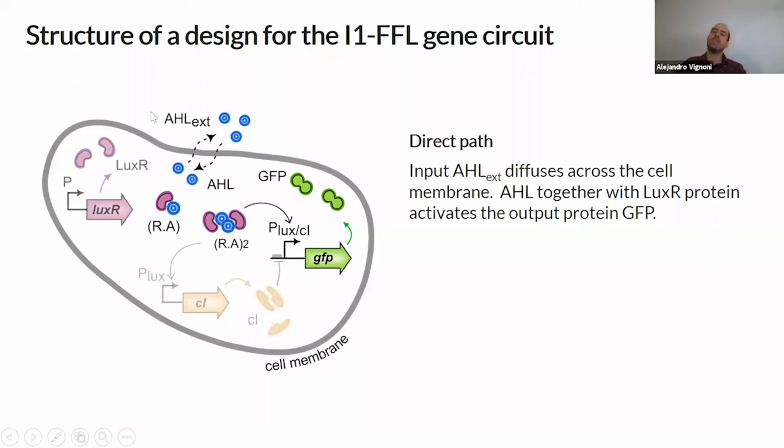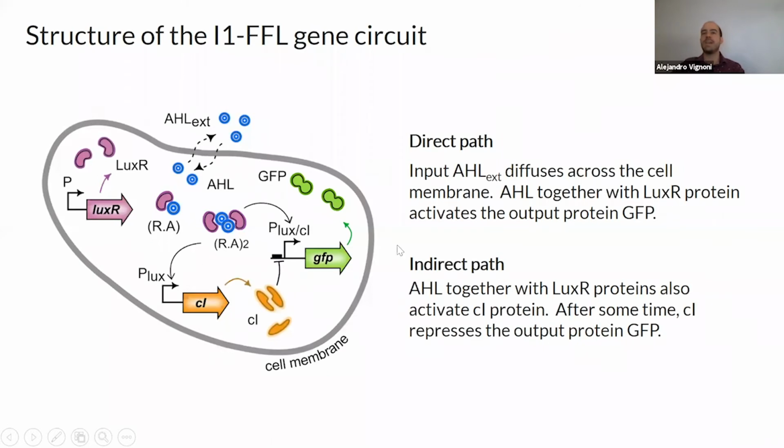So the input, the stimulus that we will give to the circuit, is the amount of AHL. This is a famous system from Vibrio fischeri and from quorum sensing. Depending on how much AHL you have, you will have different levels of activation of this promoter. So this is the direct path.